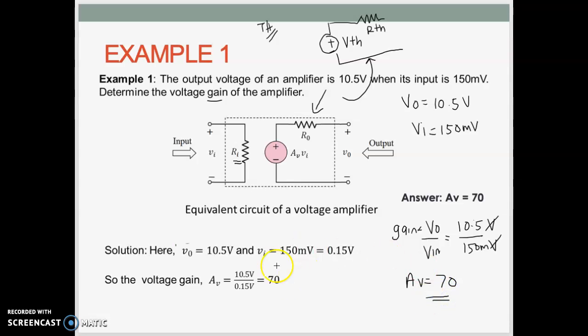So what does this gain mean? If your input here is 1 volt and your gain is 70, it means your V out will be equal to V in multiplied by the gain. So it becomes 1 multiplied by 70. Your amplitude of the output will be enlarged by 70. That's what the gain means.